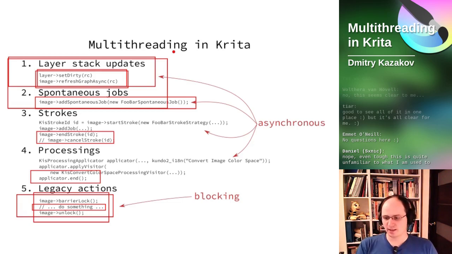Not all updates can run concurrently. Because of the rule I was talking about in the first part, it might happen that you call layer setDirty on areas that overlap. That's why we need a special scheduler that will try to avoid overlapping between different updates we do.